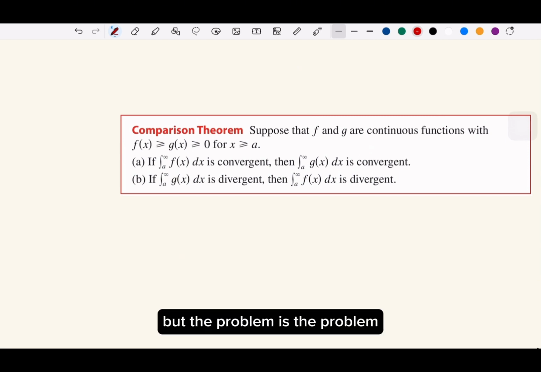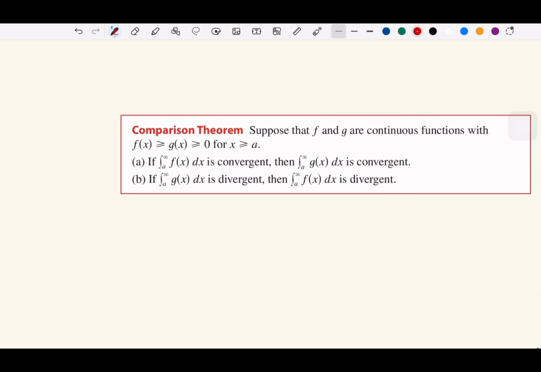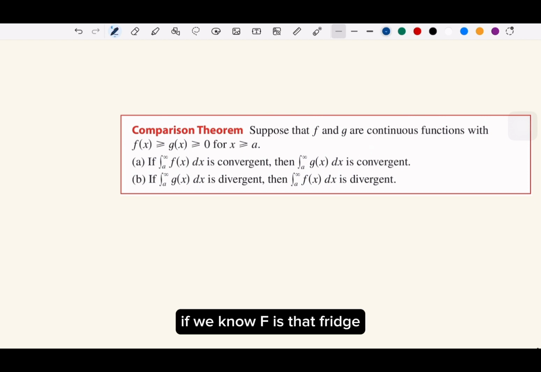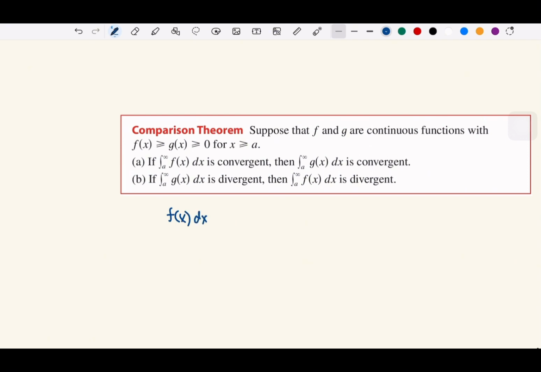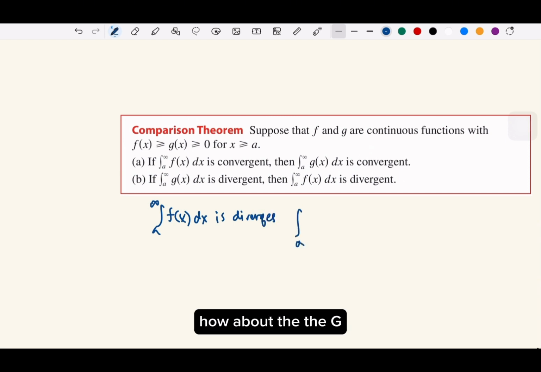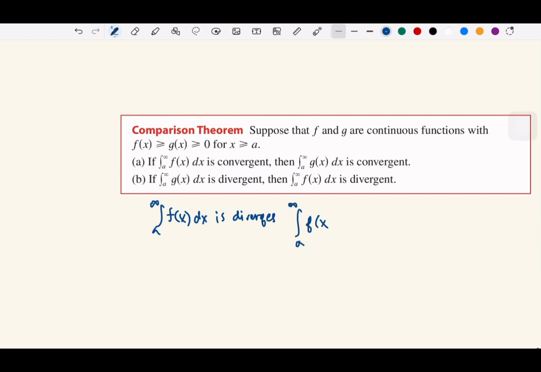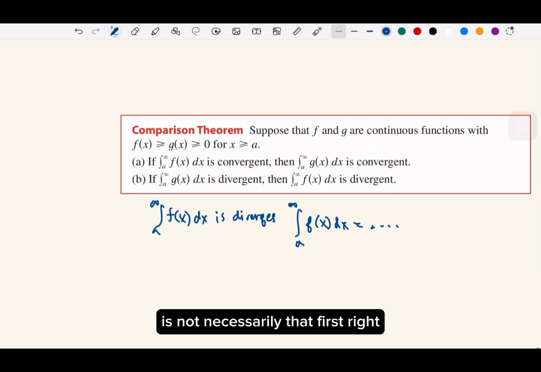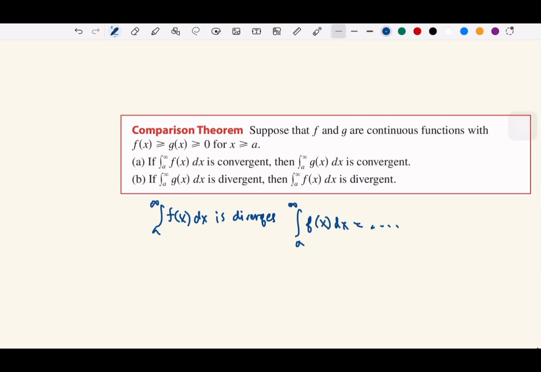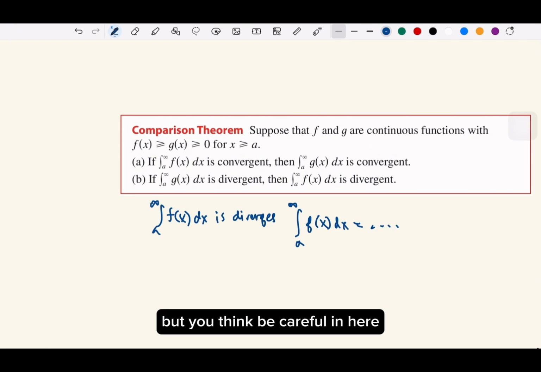Now the problem, if we know f diverges, how about g? So f diverges. G is not necessarily divergent, right? It can be convergent. But if you think carefully, this is quite based on logical thinking.